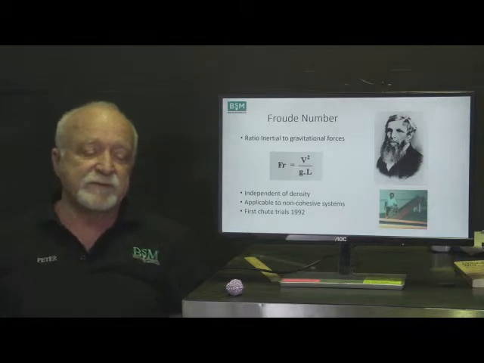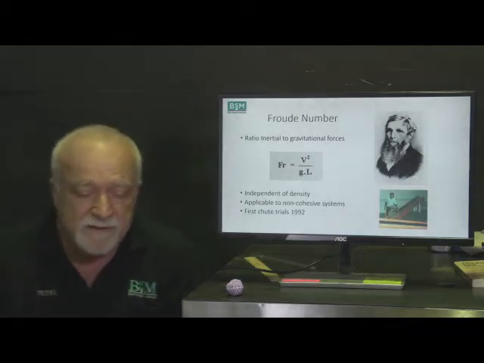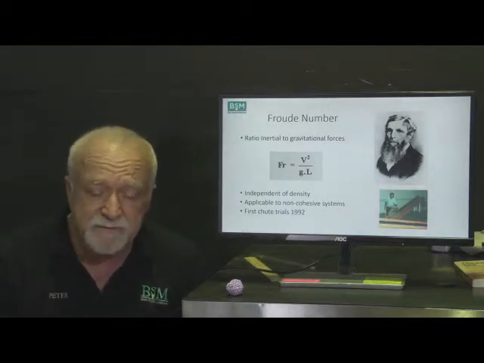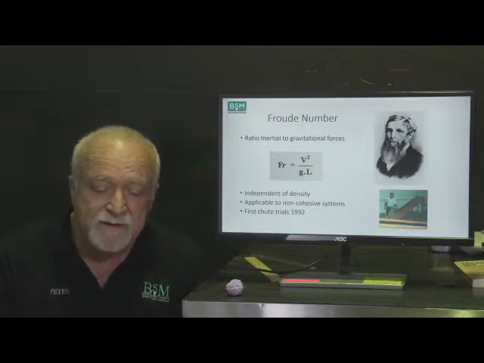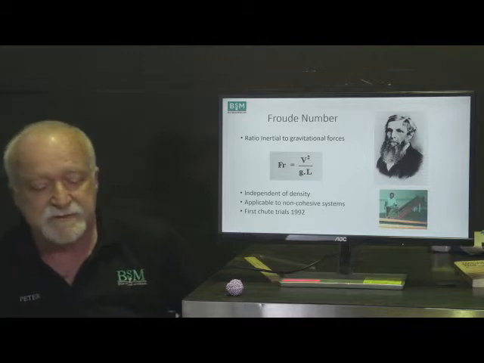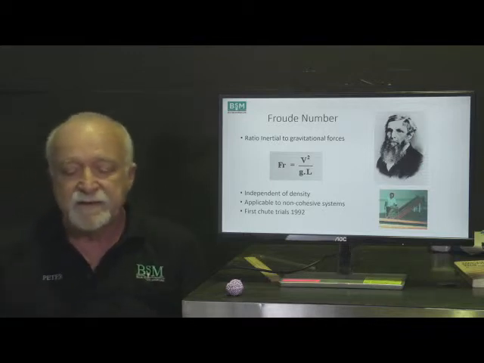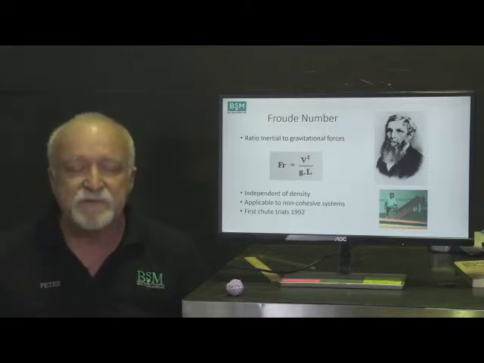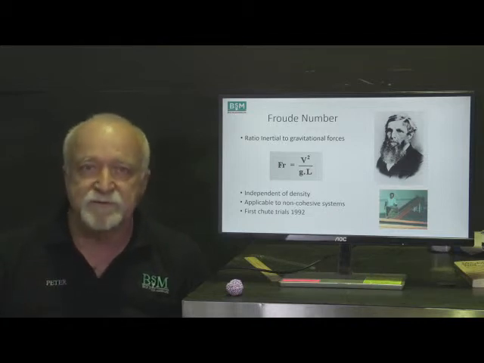So let's look at the Froude number. That's a picture of William Froude. He and his son towed boats up and down a river somewhere in England in the 1860s, I think it was. And he was interested in the resistance of various hull shapes to the flow in water.